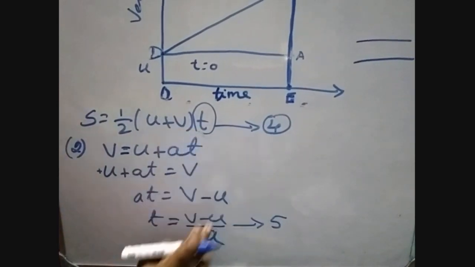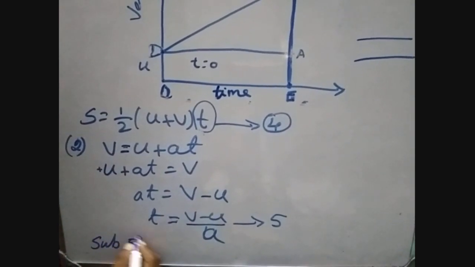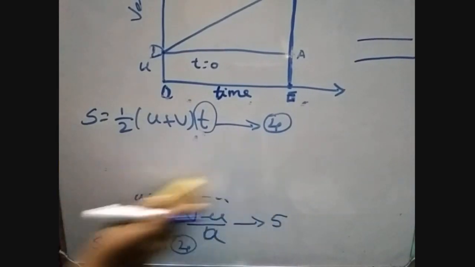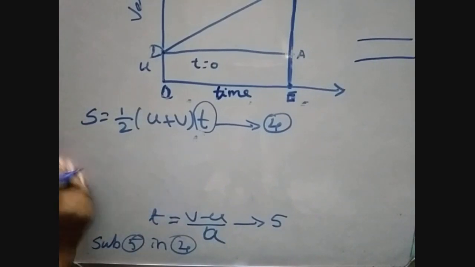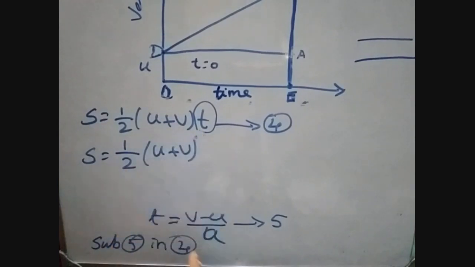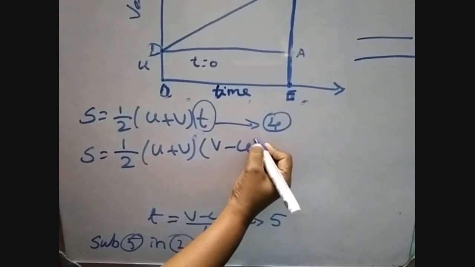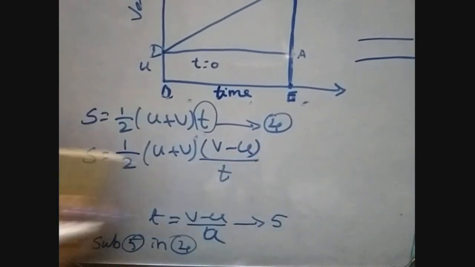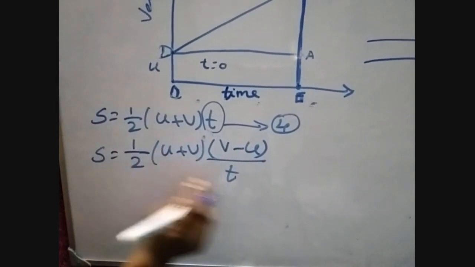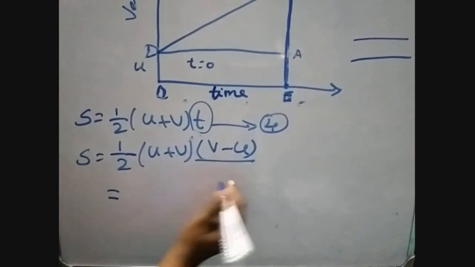Where T is present, we have to substitute this value. So substitute equation 5 in 4. So S equal to 1 by 2 into U plus V into, instead of T we have V minus U divided by A. The denominator 2A, when moved to the other side of the equal sign, comes in multiplication.